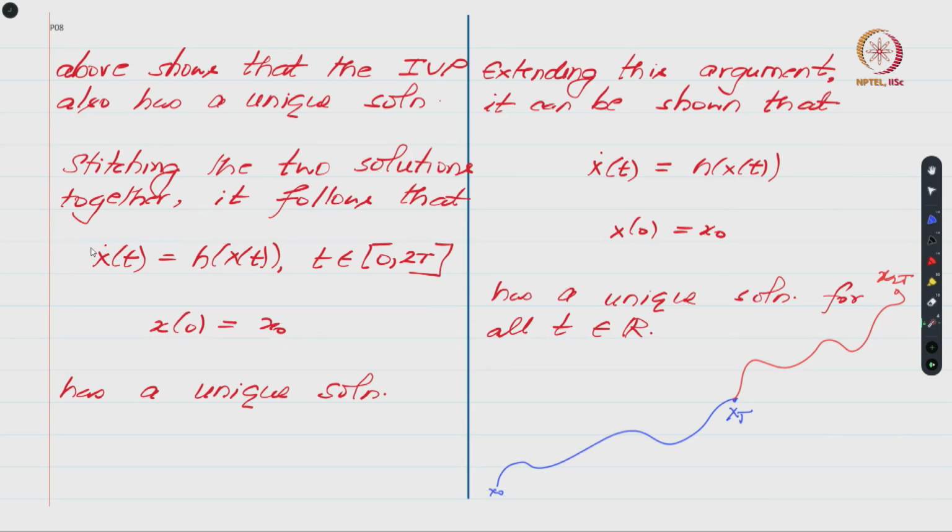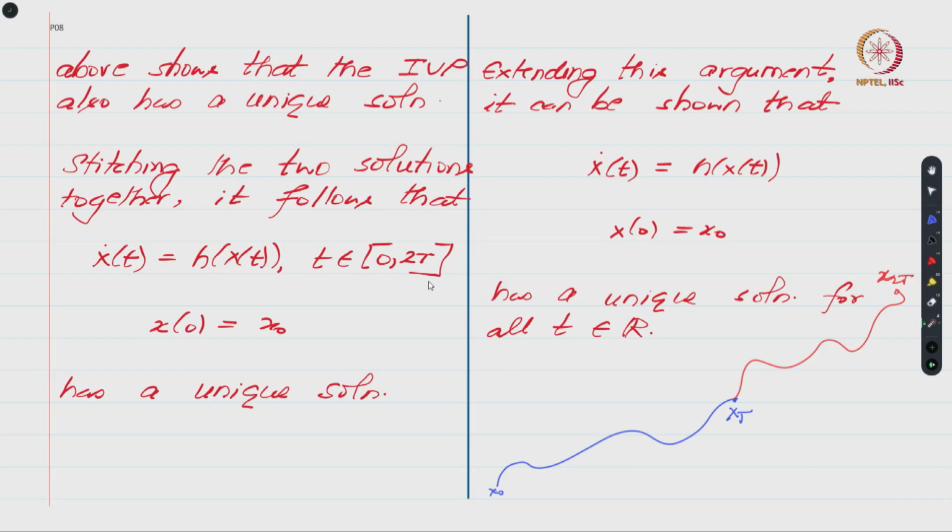So observe that in this case the initial condition is x0, but now the time window is between 0 and 2T. So the way we extended the solution trajectory from 0 to T to 0 to 2T was not special. We can continue doing this from 0 to 2T, 0 to 3T, 0 to 4T, and in general for 0 to infinity.